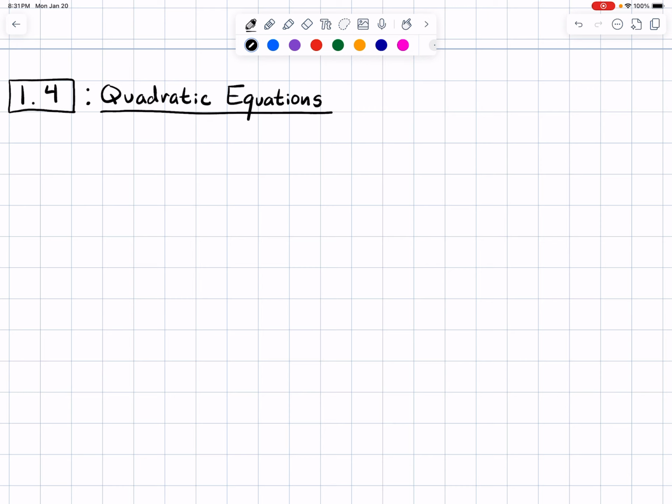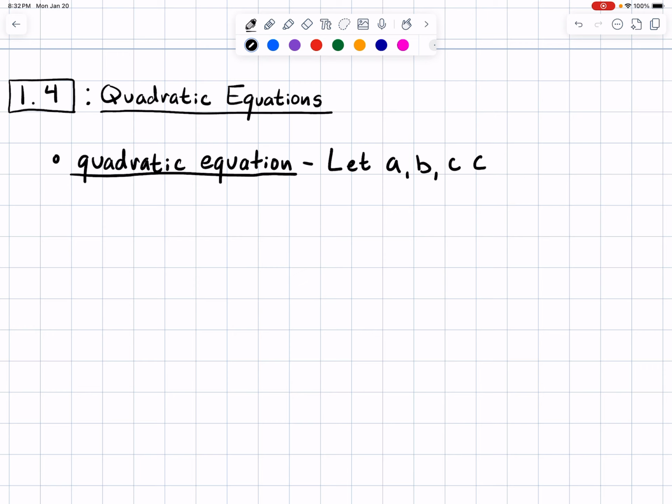So let's start with the definition. Quadratic equation. Let A, B, and C be in the set of real numbers where A does not equal 0.